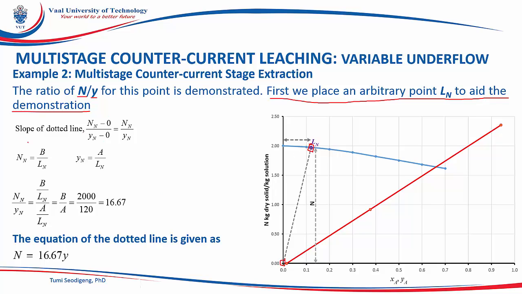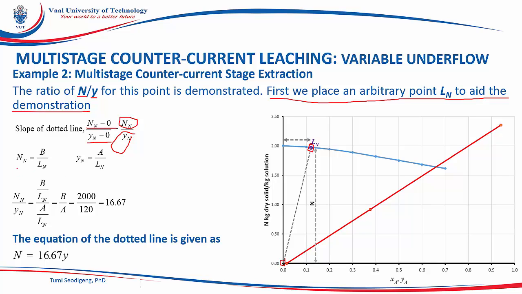The slope of this dotted line will be given by Nn minus 0, which is the N at this point minus the N at that point, divided by the yn minus 0, which is the yn at this point minus the yn at that point, which is 0. We get it to be Nn over yn, because the zeros fall off.